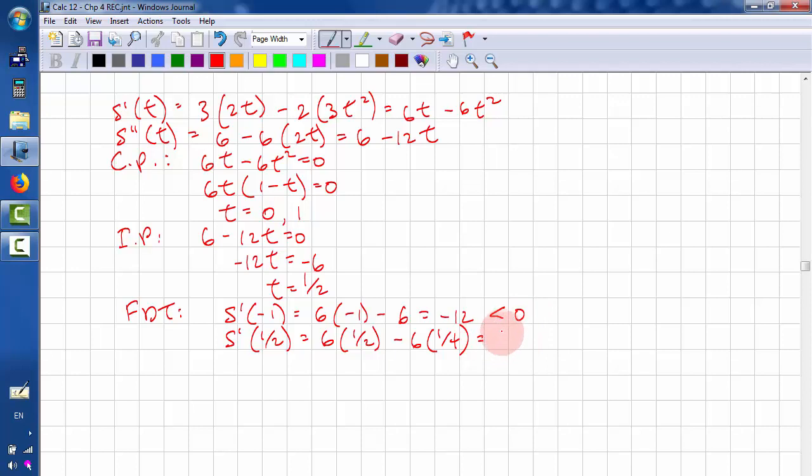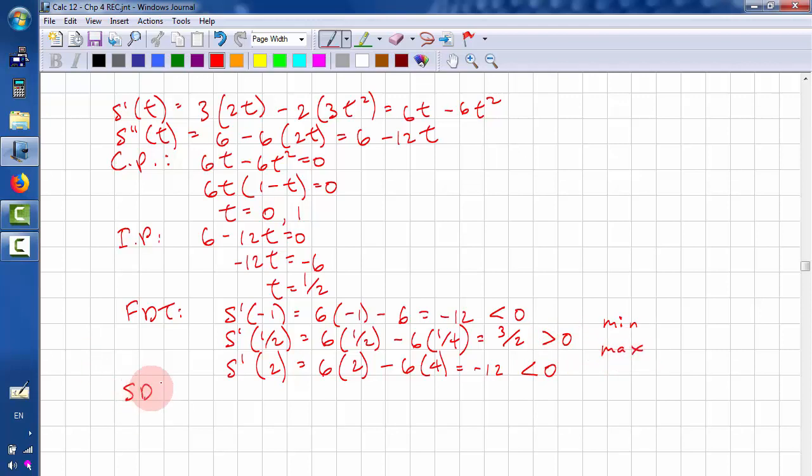That gives us 3/2. That's greater than 0. S prime of 2 equals 6 times 2 minus 6 times 4. That's -12, and that's less than 0. So we're decreasing, increasing. This is a min. And we have increasing and decreasing, so we have a max there.